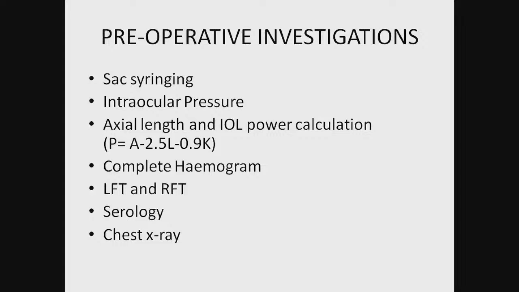We do the regurgitation test, but many times there can be a false negative regurgitation test, because the patient may have just evacuated the sac before your sac syringing, or there may be an internal fistula. So by that also the sac syringing can be negative.